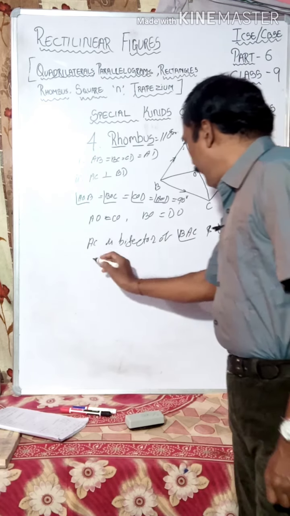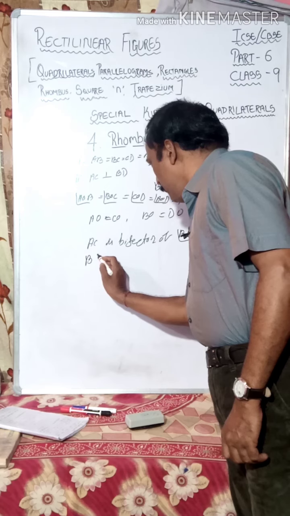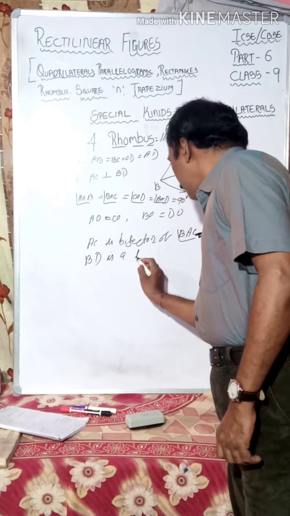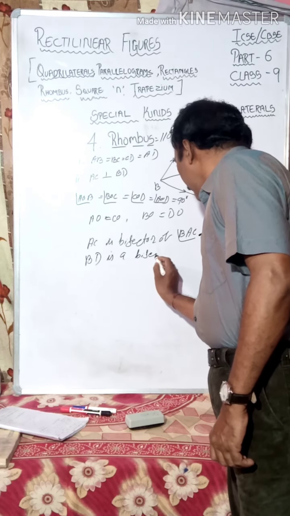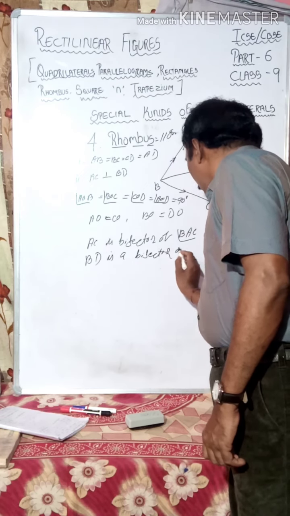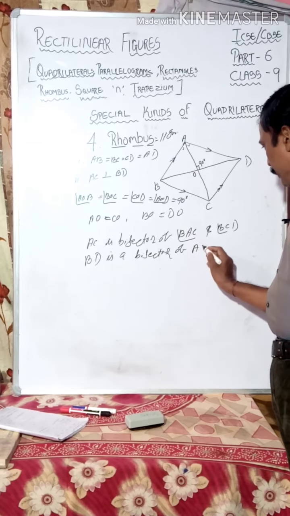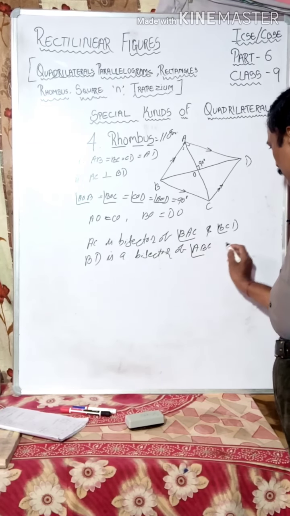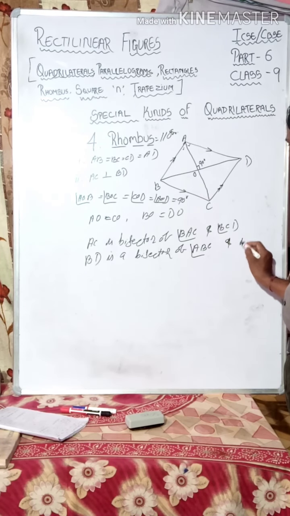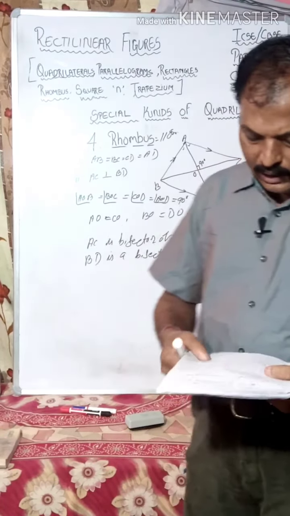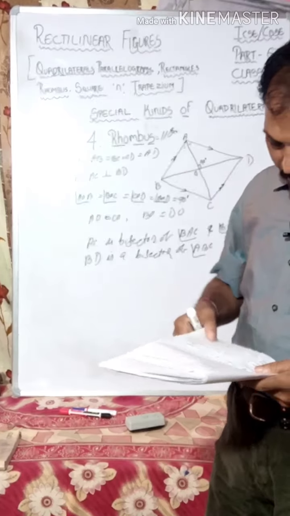Likewise, BD is a bisector of angle ABC and angle ADC. So every diagonal is the bisector of that vertex angle.